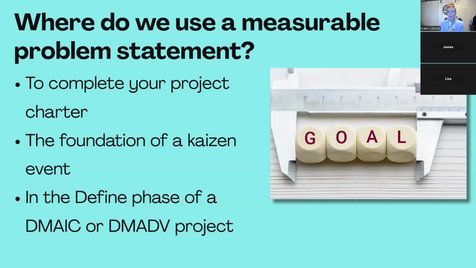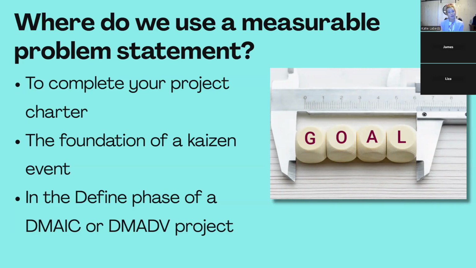I use a measurable problem statement for the foundation of a kaizen event. In order to do a kaizen event, I coach and work with my customers to create a measurable problem statement so we know exactly what problem we are trying to solve when we come into the event. You also use a measurable problem statement in the define phase of your Lean Six Sigma DMAIC or DMADV project.